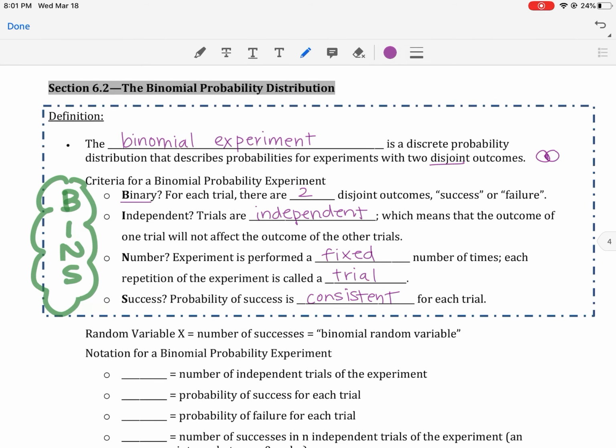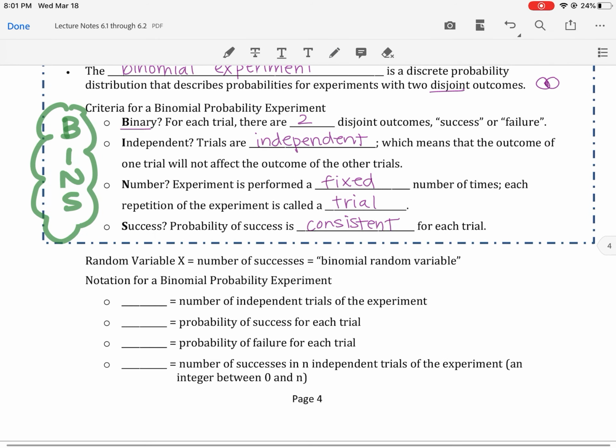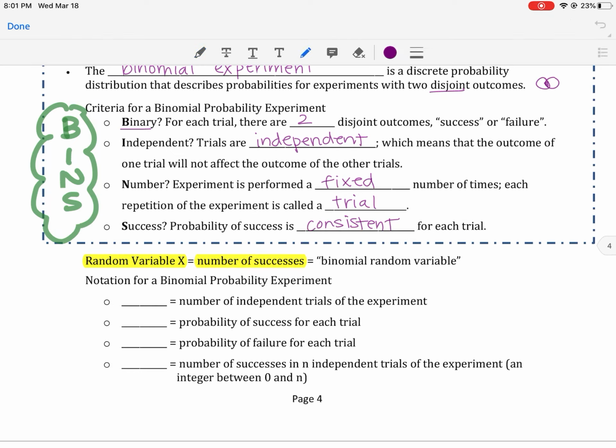Consistent meaning the same. Okay, so just like we had from 6.1, our random variable is called x. And it's going to be the number of successes that we have. So, as we think about our similar notations, the number of independent trials will be n. Kind of think about that, like your sample size, the number of trials we've got.